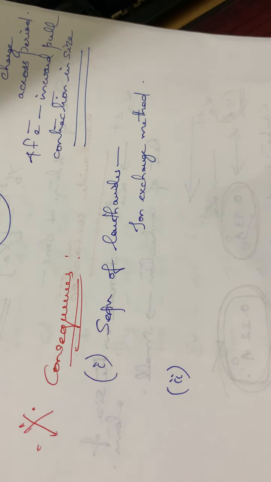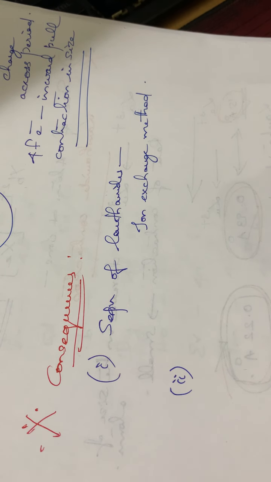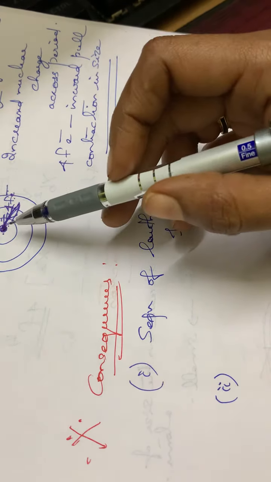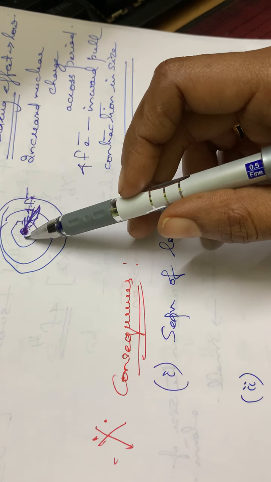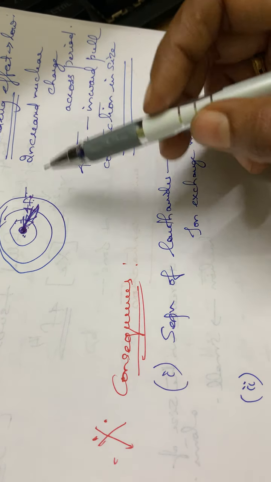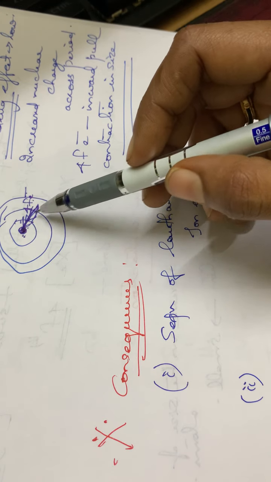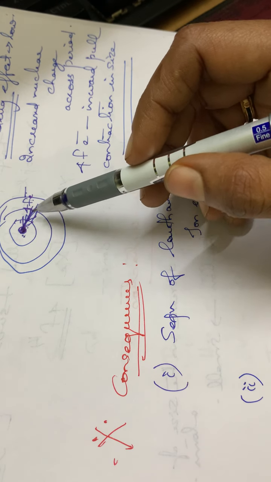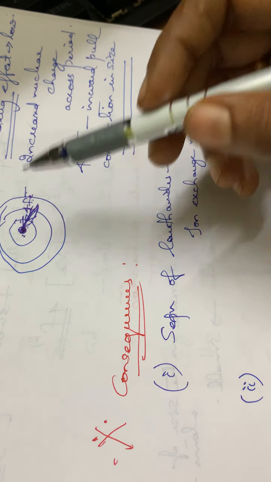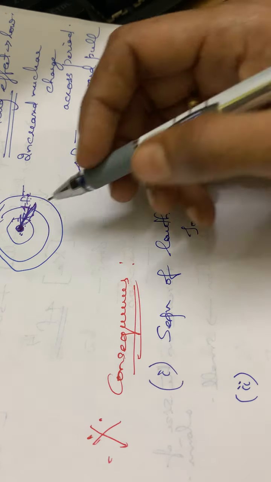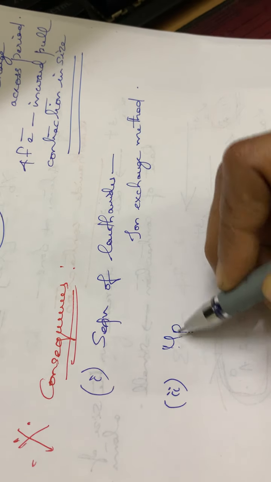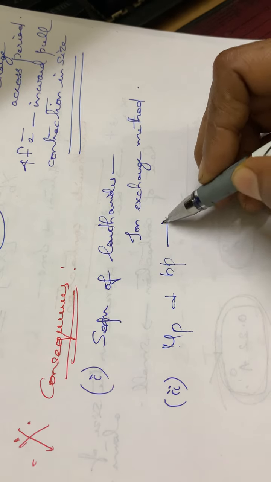Then the second one: what about the melting and boiling points? An inward pull is there. The nuclear charge will have greater power than the shielding effect of the 4f electrons. As a result, the 4f electrons experience a very high inward pull. And as a result of that inward pull, are the melting and boiling points high or low?